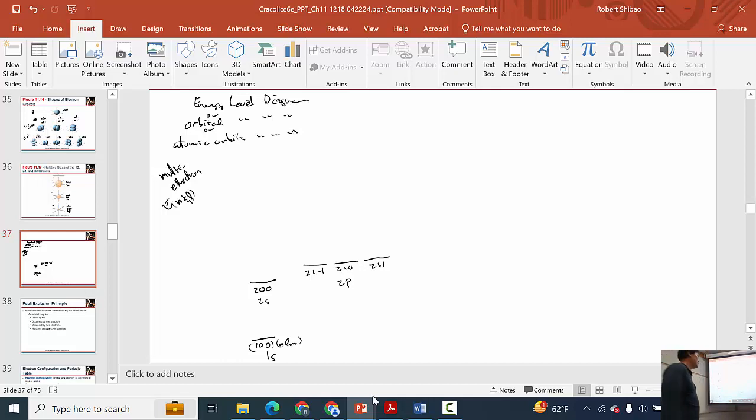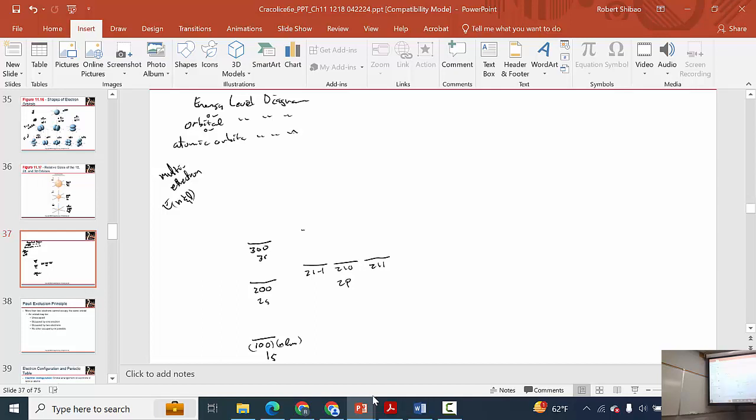I can't have d orbitals. In order to have a d orbital here, I'd have to have a 2, 2. And 2, 2 is forbidden. And so it's got to stop here. And then I have to go up to the next n. The next n is going to be 3. And so when n is equal to 3, I could have l equal to 0. That's my 3s.